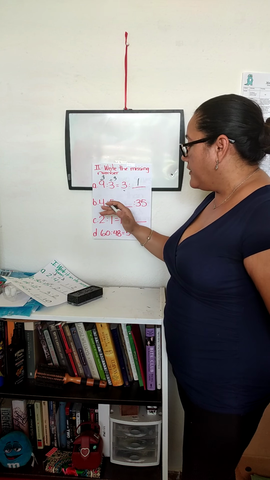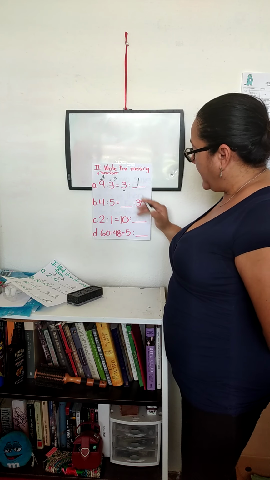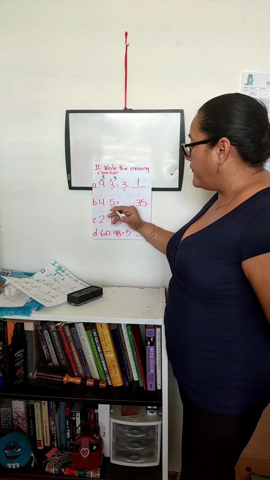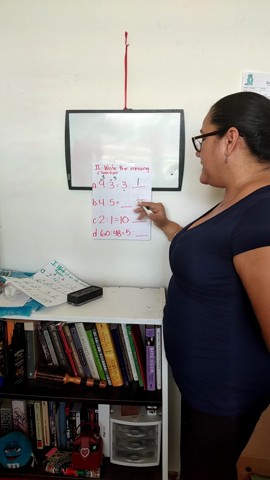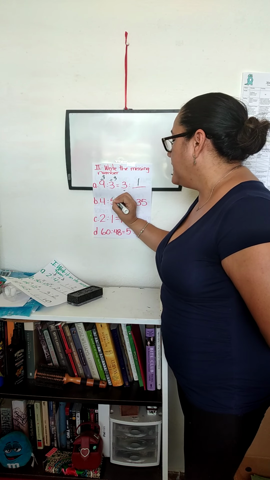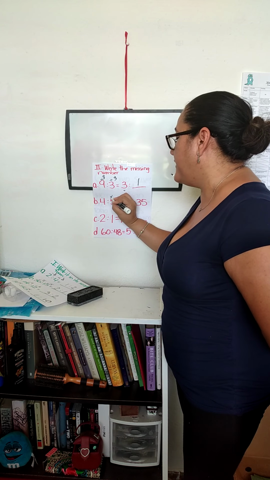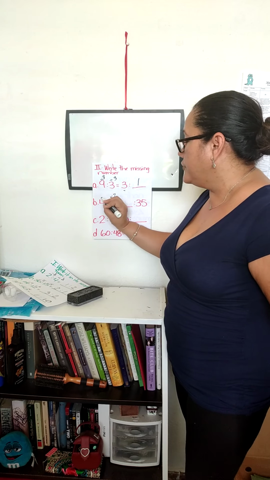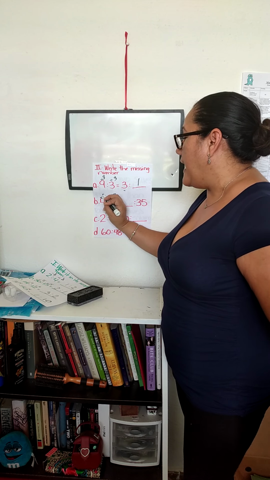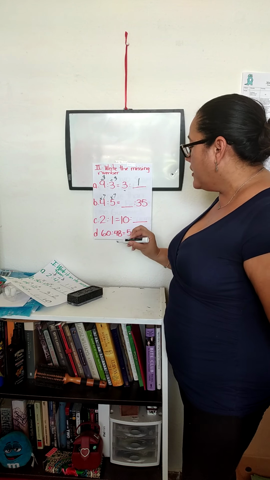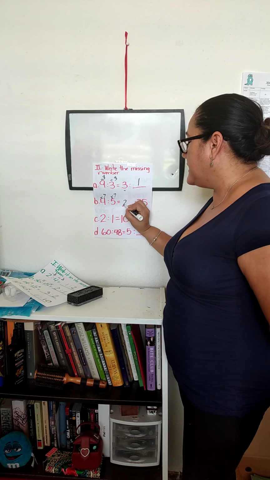Let's see, 4 ratio 5. The number that they give me is 35. So 5, in order to get to 35, I have to multiply 5 times 7. Whatever I do to the one number, I have to do to the first one. I have to multiply that one too. So 7 times 4 is 28.